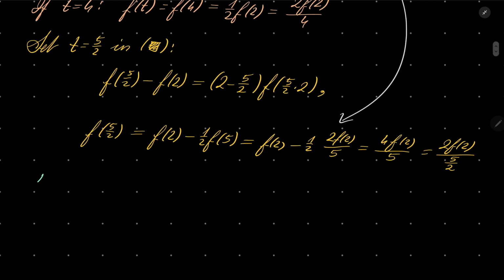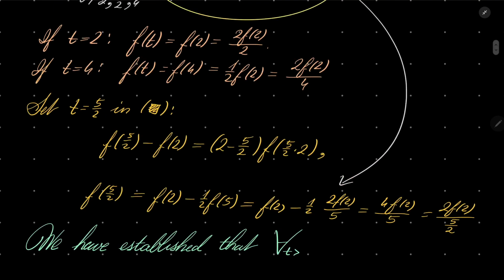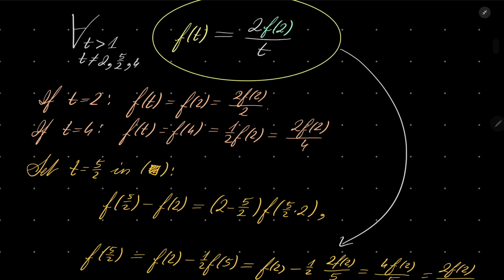So we have established that indeed for every t greater than 1, there was another small mistake because we are dealing with t greater than 1.